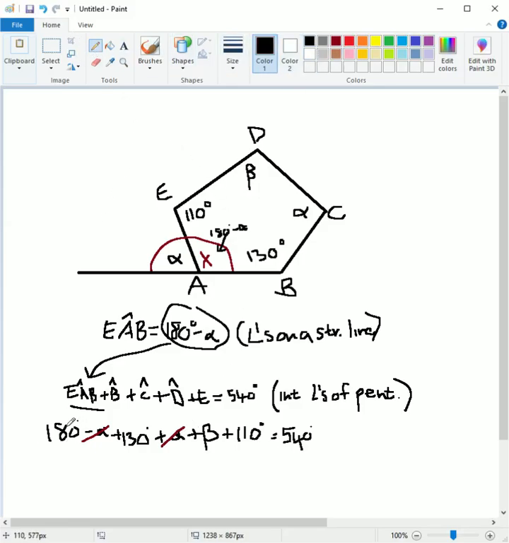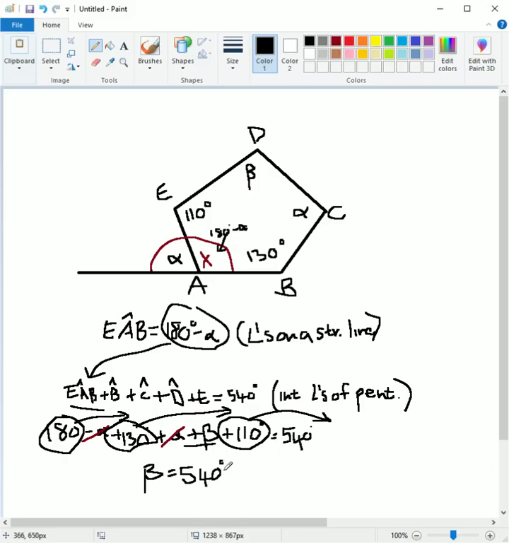Let's take all of these constants, these values, over. We can find out what they are first and then take the sum of them over, or we can take them over immediately. Either will be fine. What is left on this left hand side? We only have this beta, right? So beta, which is what we want to find in this question, is equal to our 540 degrees minus all of those angles that we circled, which was the 180, the 130, and lastly the 110.